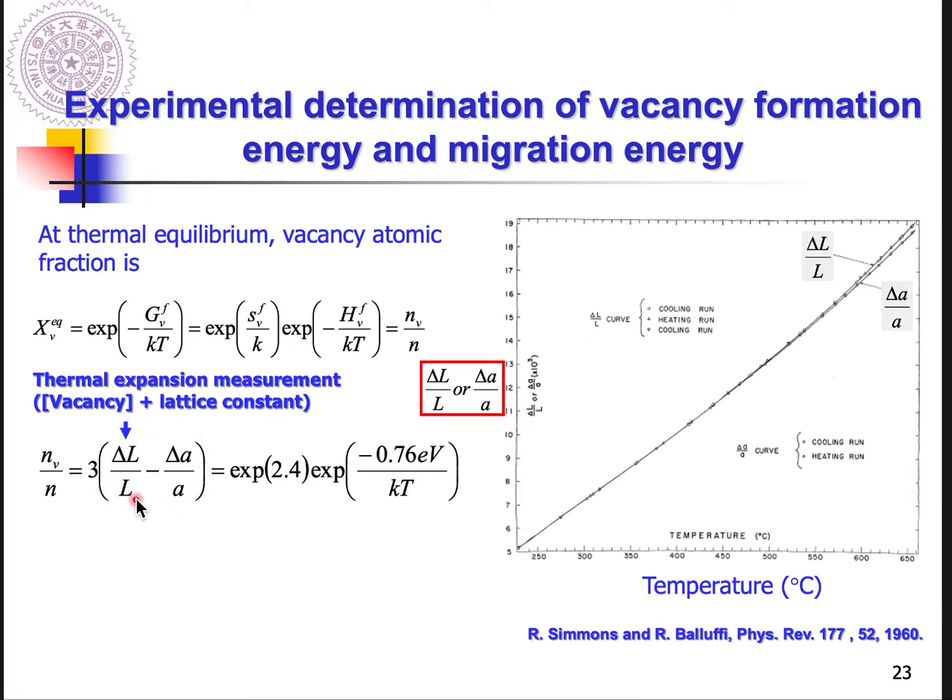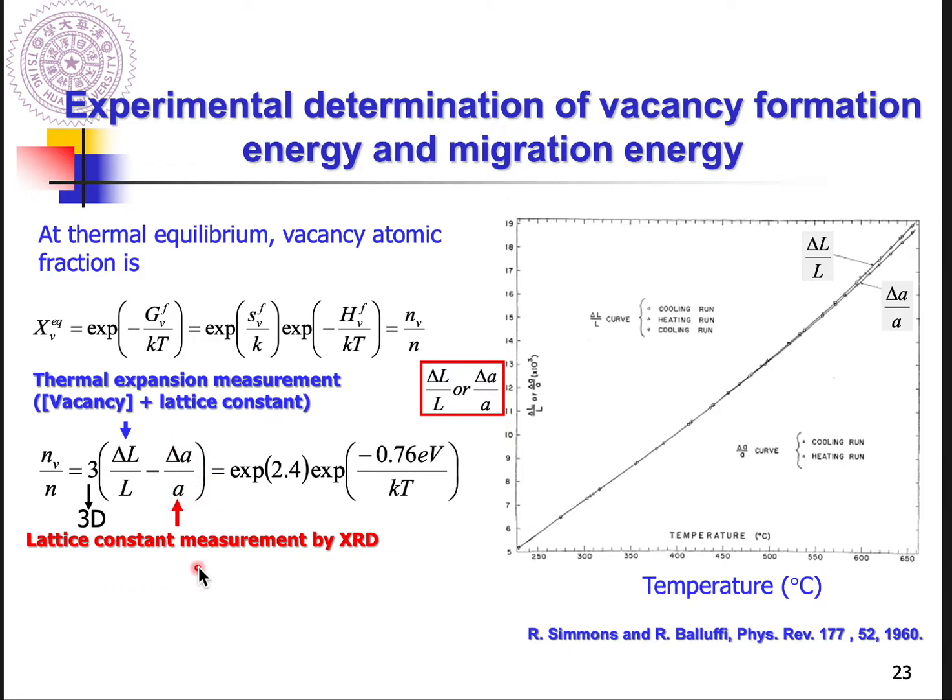And here we use the length, right? So it belongs to one dimension. So you multiply by 3 to represent the three-dimensional case. For thermal expansion, you can measure that in SEM. You can measure the delta L over L, and the lattice constant part you can measure by XRD.